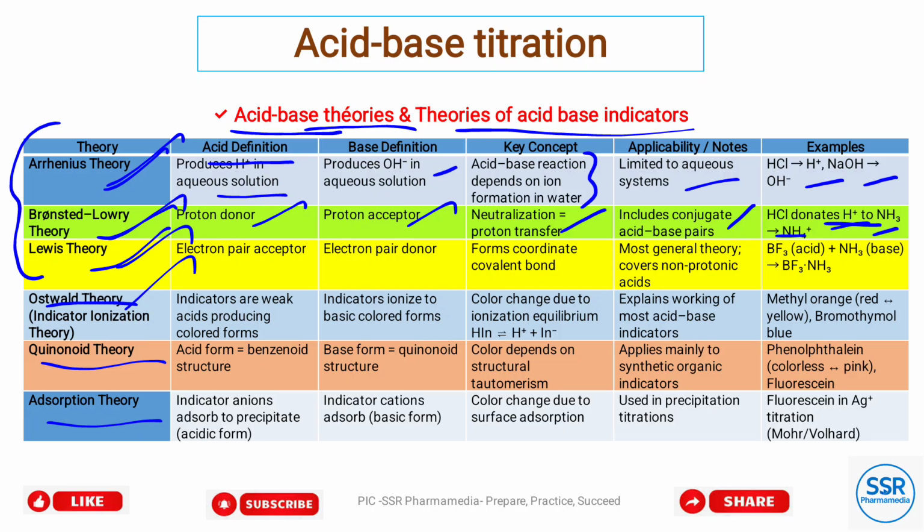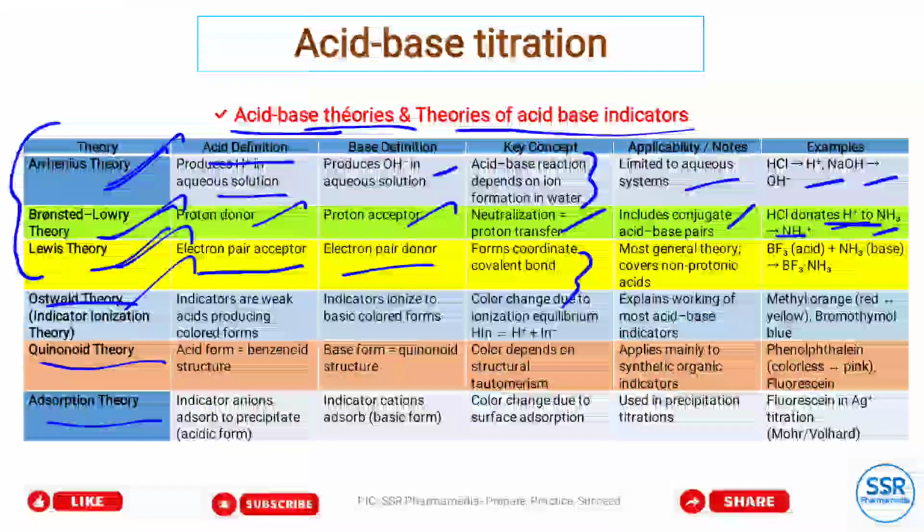According to Lewis theory, an acid is defined as an electron pair acceptor, and a base is an electron pair donor. During this acid-base reaction, a coordinate covalent bond is formed.